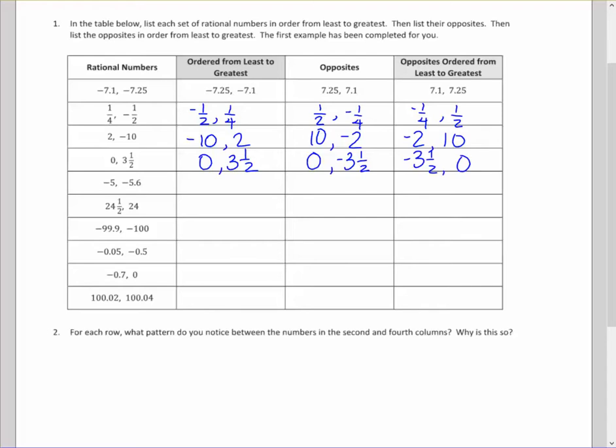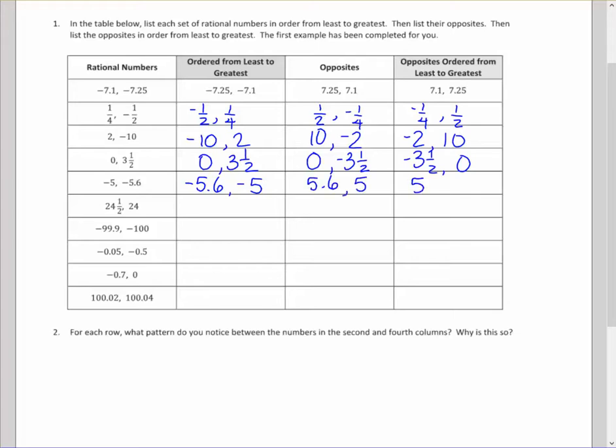All right, the next one, we have negative 5 and negative 5 6/10. So least would be negative 5.6, and negative 5 would be to the right of that, so that is greater than negative 5.6. And the opposite would be the positive versions of these both.